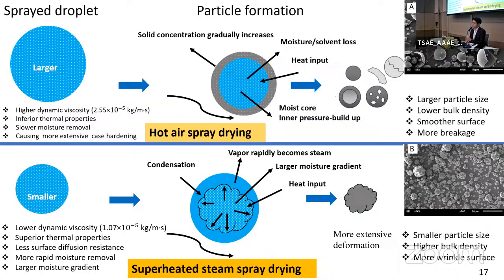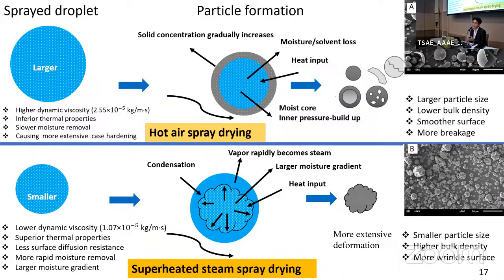In my opinion, for the laboratory scale, superheated steam might take more cost. But for industrial scale, we might be able to recover the steam for reuse, so the cost might be much lower than that of hot air, which wastes the drying medium to the environment.